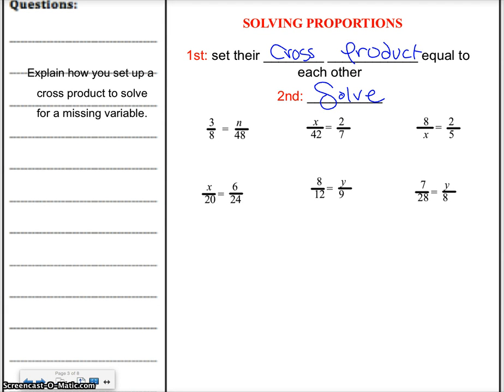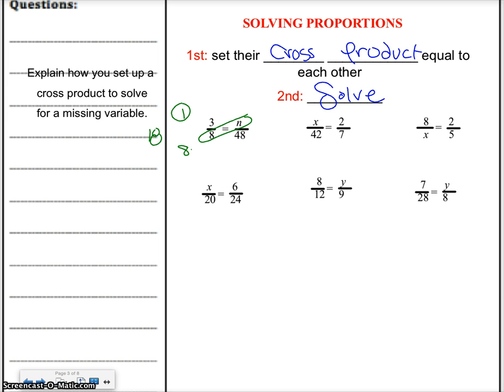Like what do you guys, when you look at this first example, what do you think N is? 18. So Demi says N is 18. But let me show you, I always do cross product because I just never know. I'm just so used to doing cross product. How I set the cross product up, I always start with my variable diagonal because I like it on the left-hand side.